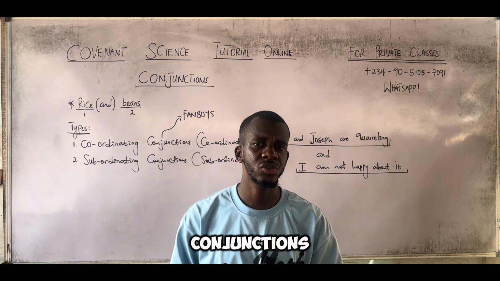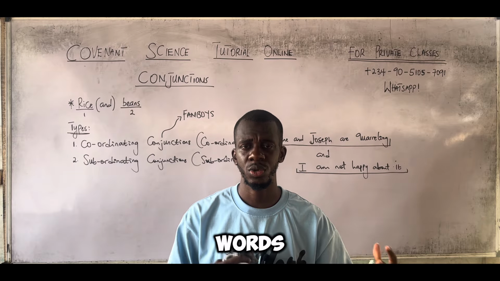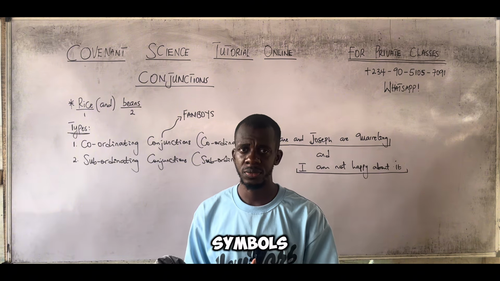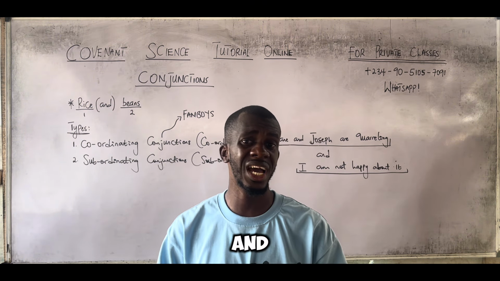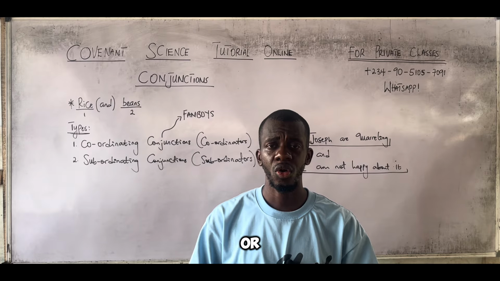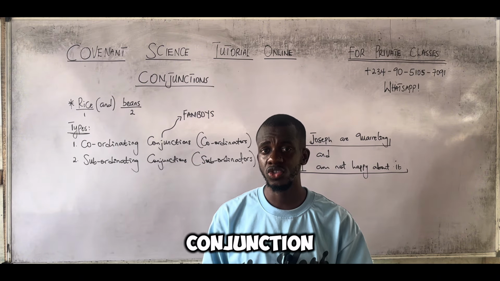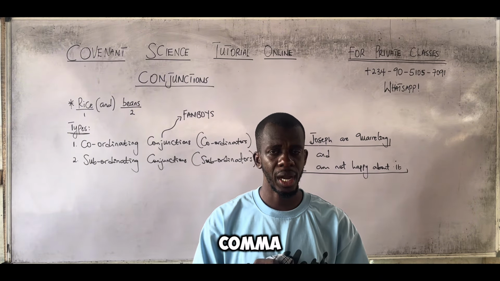You should also know that conjunctions exist as words, and then we have conjunctions that are not words but symbols. Examples of a conjunction that is a word are and, but, or, yet, and so on. An example of a conjunction that is a symbol is the comma.